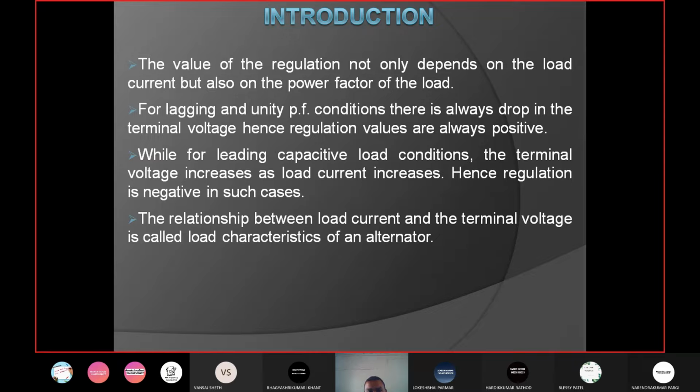So it depends on load current as well as the types of load, that is the power factor of the load. For lagging and unity power factor conditions, there is always a drop in terminal voltage, hence regulation values are always positive.